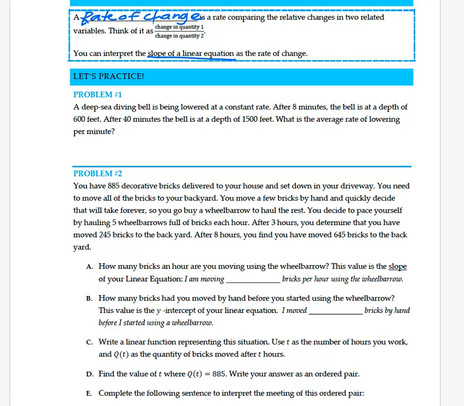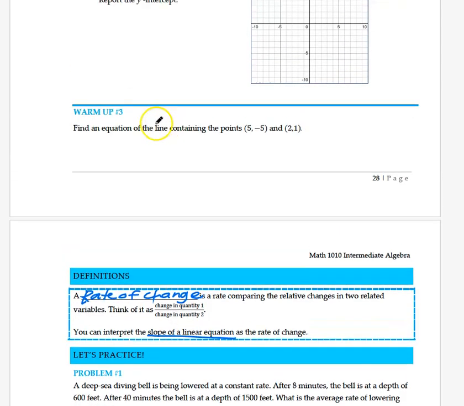So first thing to do to set this up, it'd actually be good to write these as ordered pairs. So the information that it's giving us here, we could either write as a table of values, or we could write it as an ordered pair. So either way, whichever way makes better sense to you is what you can do.